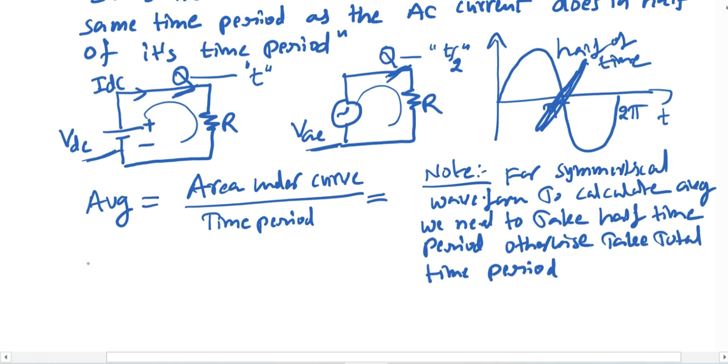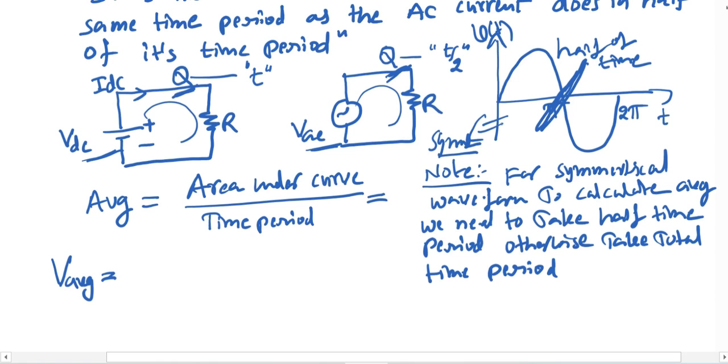If you want to find the average here, suppose it is a voltage waveform, then I can write V average, taking the area under the curve. This is a sinusoidal signal, a symmetrical signal.